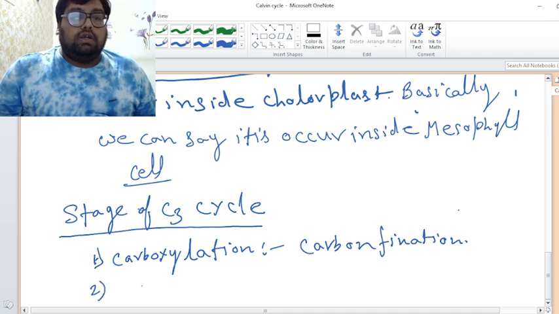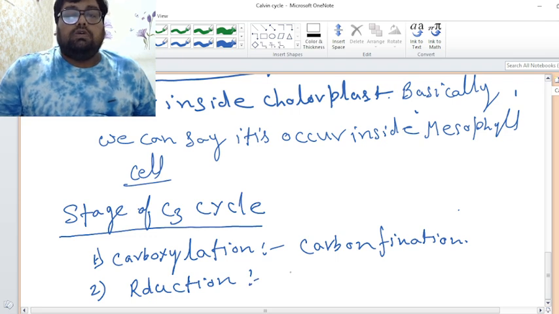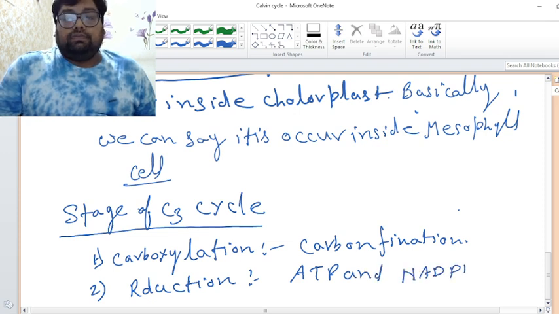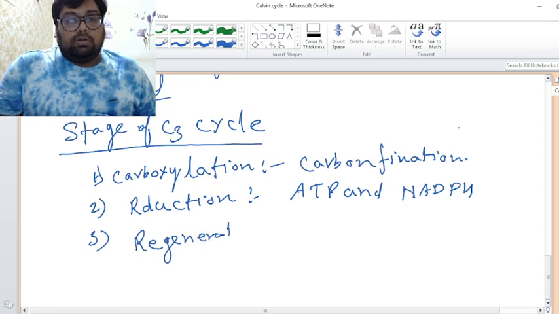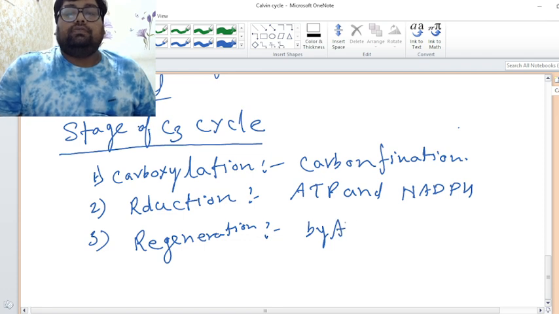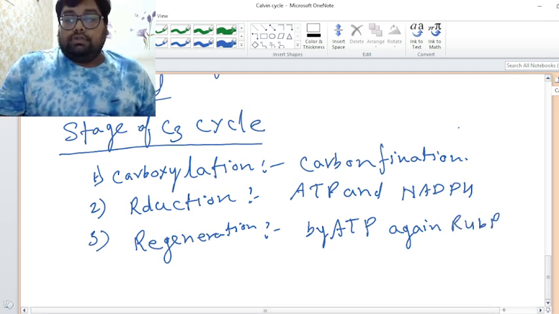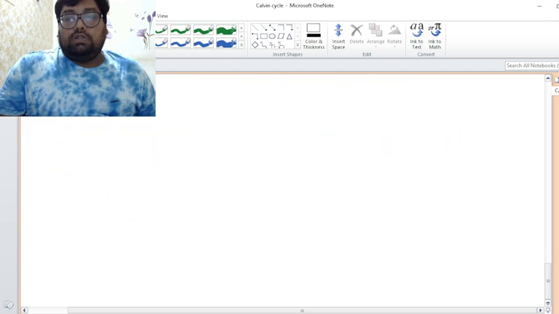The second is reduction, of ATP and NADPH. And the third stage is regeneration, by utilization of ATP, RuBP is regenerated.